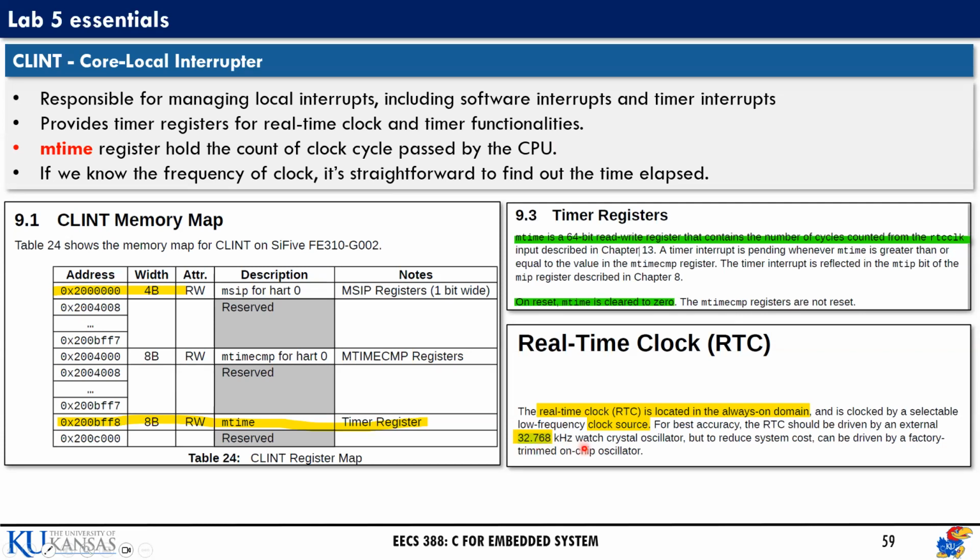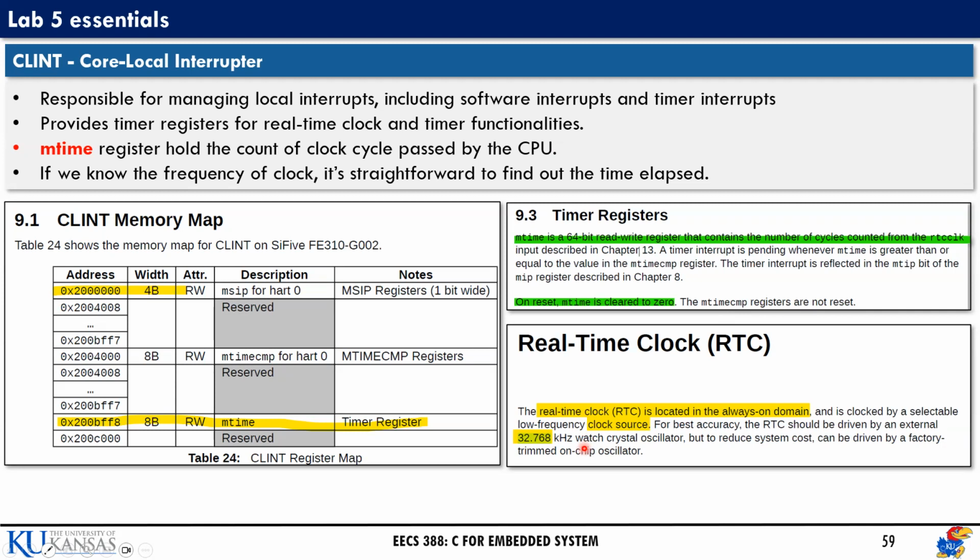What does the frequency of that clock mean? When we say our clock frequency is 32,768 hertz, that means we have a total of 32,768 clock edges in one second. So basically, hertz tells us the total cycles per second.